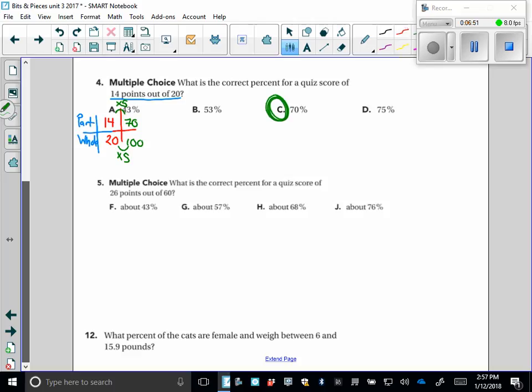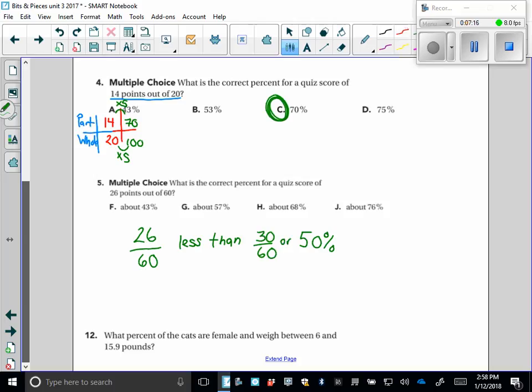Okay, let me help with what he's saying. He noticed this is less than 30 out of 60, right? That's 50%. So it's less than 50%.